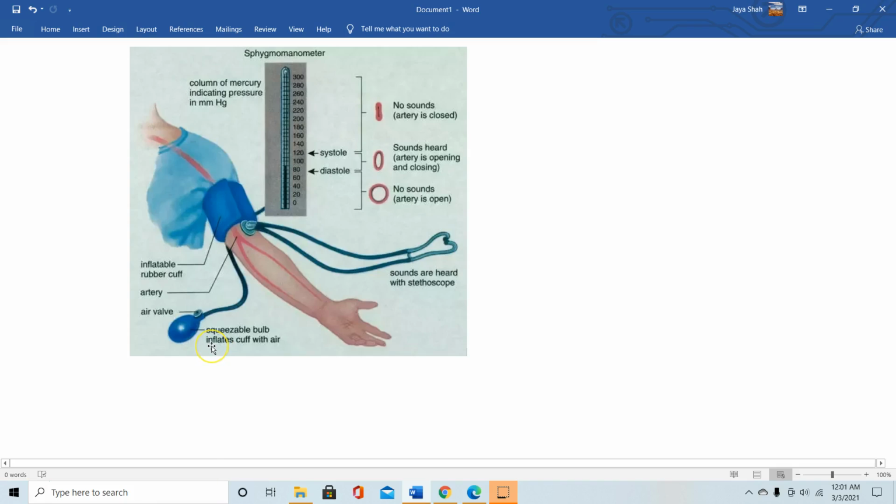Let's see, the patient is lying down and you put the inflatable rubber cuff around 2.5 centimeters above the elbow, and this column of mercury can be a long tube or sometimes a circular tube.